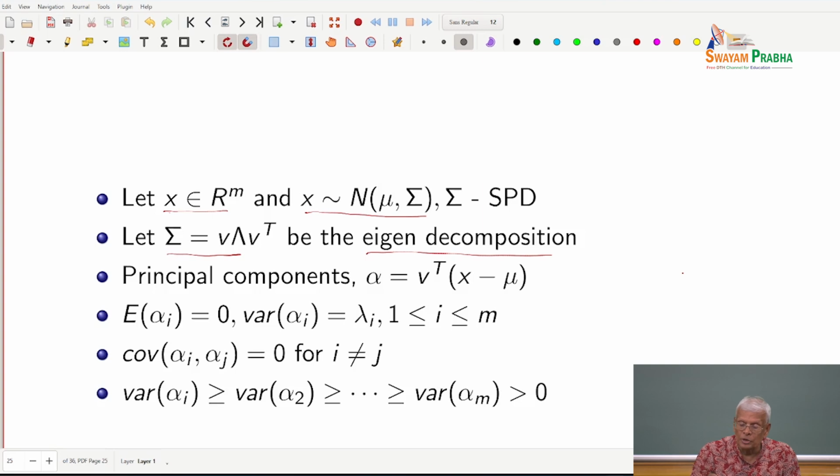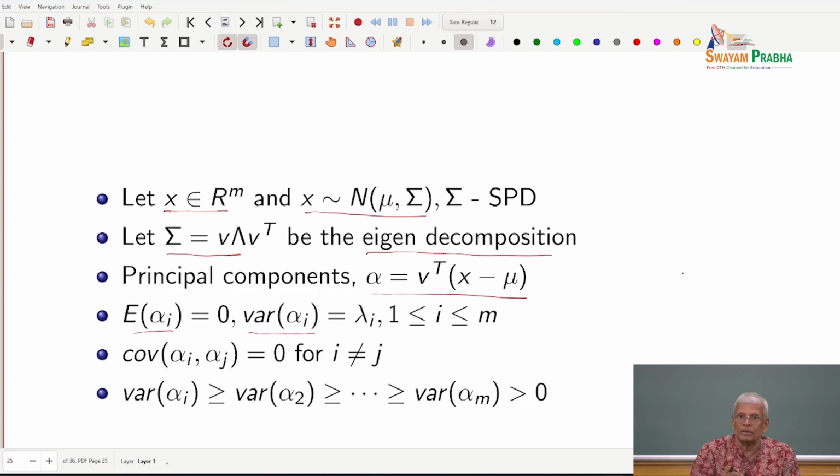We already know the principal component, the vector alpha, is simply a linear transformation V transpose x. Here I have V transpose (x minus mu) because in the earlier development, without loss of generality, I assumed x is a mean zero value. So I first center x by subtracting mu and then transform by V transpose. We have already established that the expected value of alpha i is 0 and the variance of alpha i is lambda i.